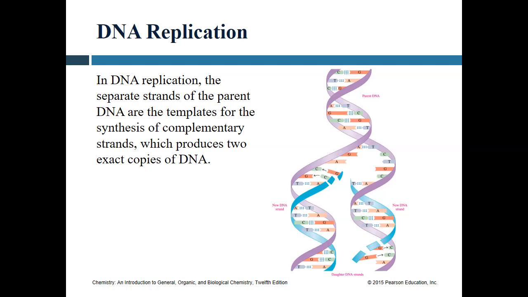And so we start at the bottom, it unzips, we start to build the code on each side, the helicase moves up, unzips more, builds more up as it goes, until eventually we've copied the whole strand. Once we've copied the whole strand, we've effectively unzipped the whole thing. We now have 2 copies of the DNA.